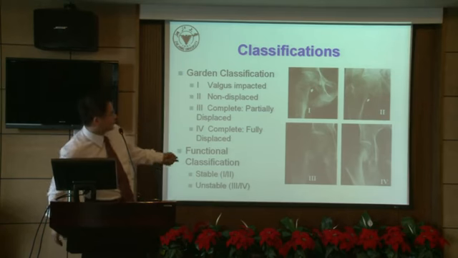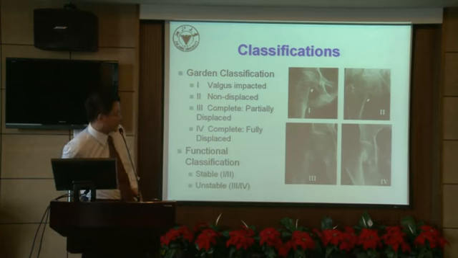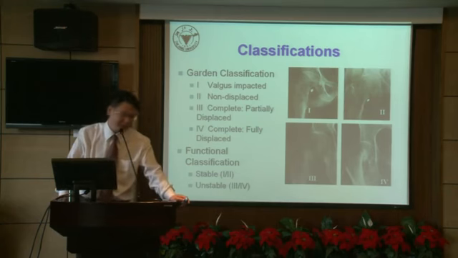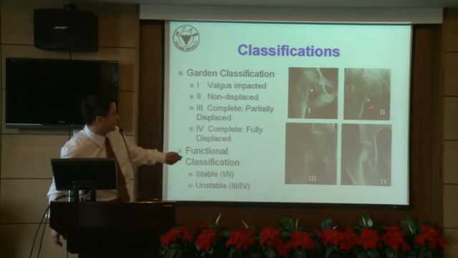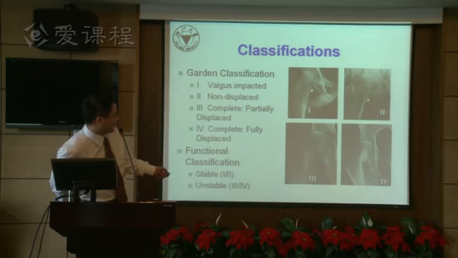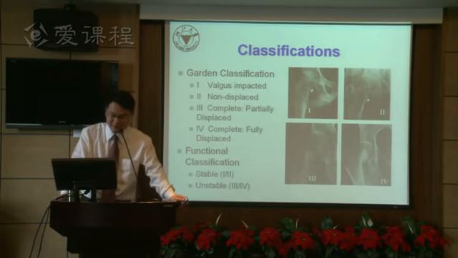For Garden fracture type 1 and 2, we usually say it's a stable fracture. Perhaps we can use open reduction, or now we don't actually need reduction. We can use internal fixation to fix the fractured bone. While for Garden type 3 and 4, we say perhaps we need other approaches.